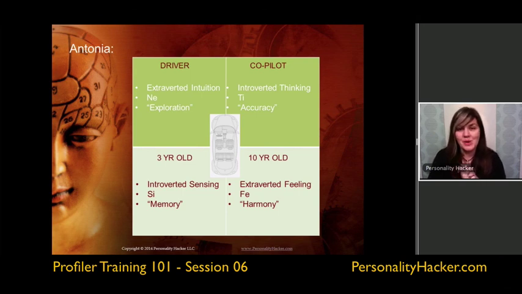So your job, your exercise, if you choose to go for the profiler training certification, your exercise is to figure out the cognitive functions for all 16 types. All right, that's your job. Now, what we're going to do is in the members area, we're going to have a worksheet provided for you.